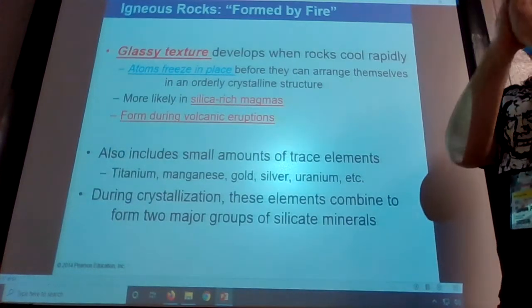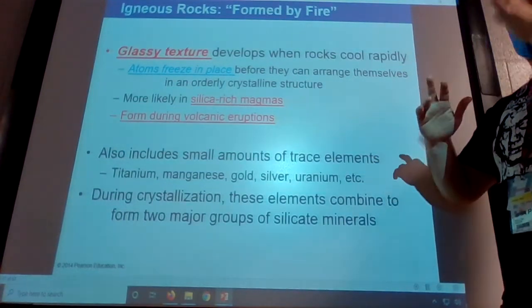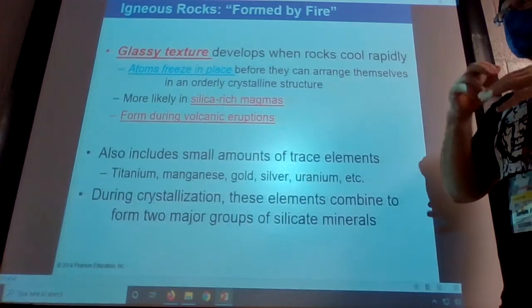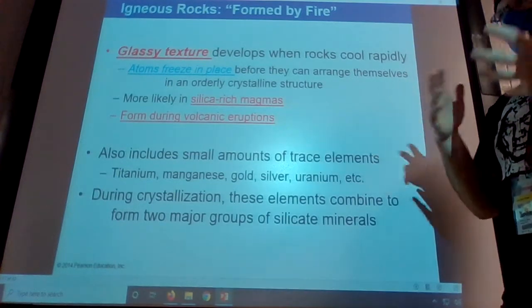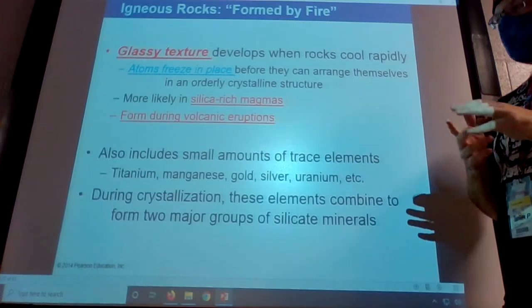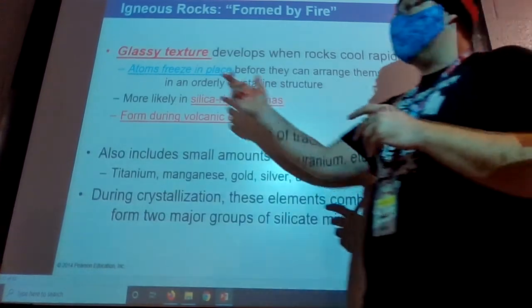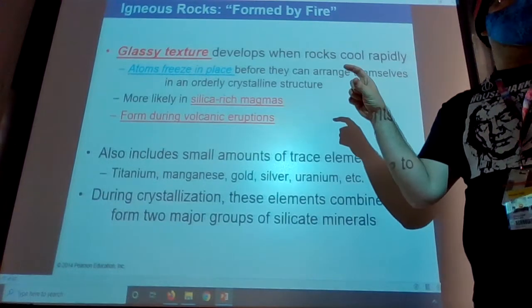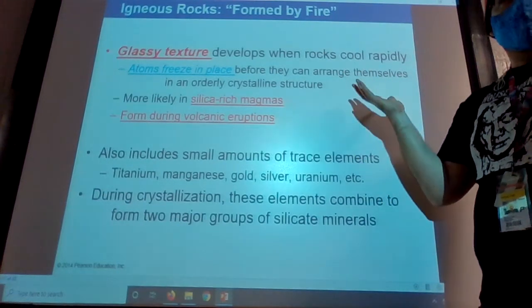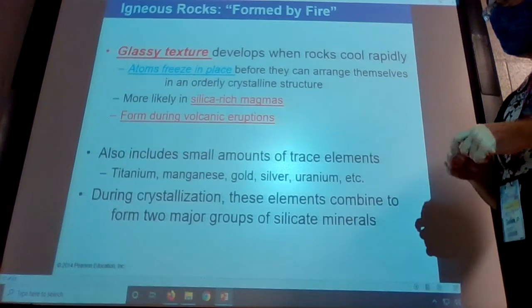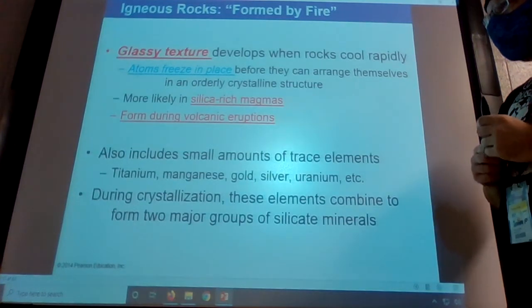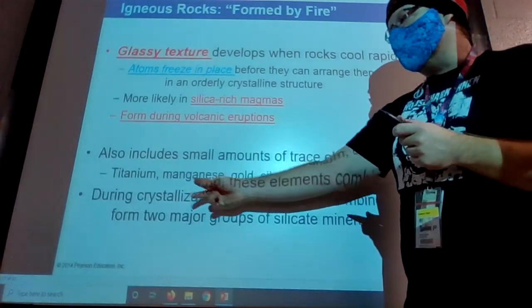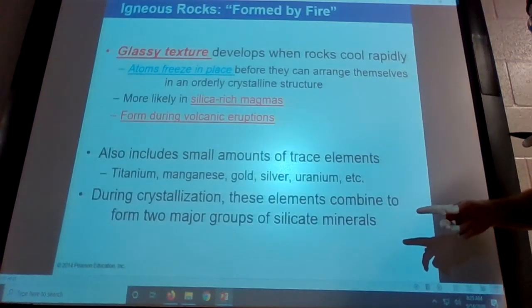Even when you slice a thin slice and look at it through a polarized microscope, you don't see any different mineral grains. It's just random atoms. And so we just call that glassy texture. And you'll see when we get to the chart that glassy can be pretty much any composition because it's really hard to figure out the composition of glassy minerals. So there are some trace minerals in here that they talk about.